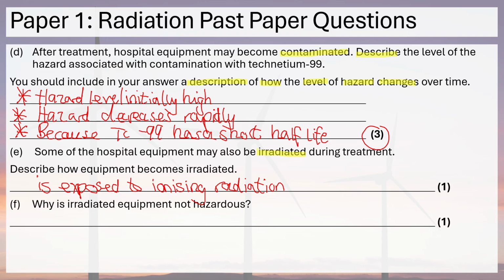And then F, why is irradiated equipment not hazardous? Again, we're looking at that difference between contamination and irradiation, and the main reason is irradiated equipment does not become radioactive.